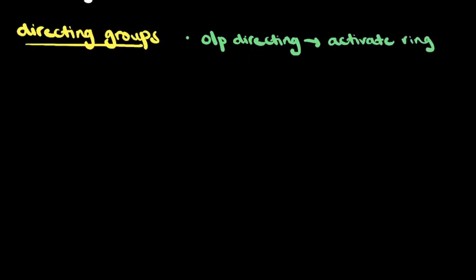Okay, so for directing groups, some things to keep in mind is that if you are ortho-para directing, you activate the ring. Meanwhile, if you are meta-directing, you deactivate the ring or make it less reactive.